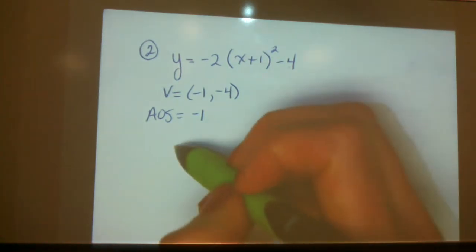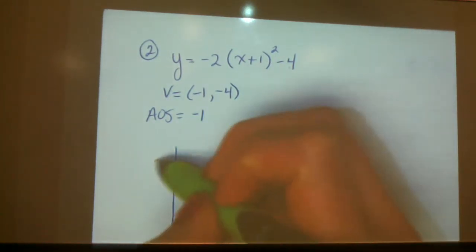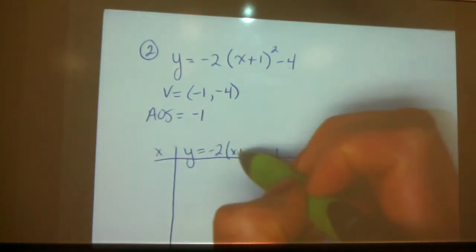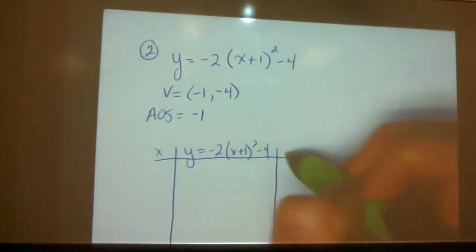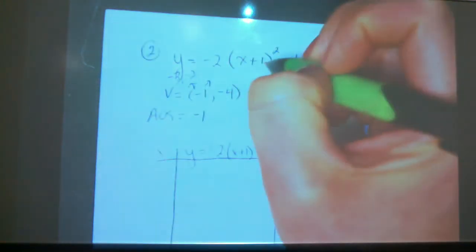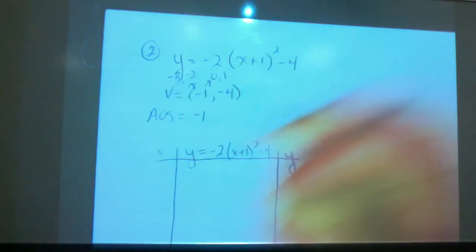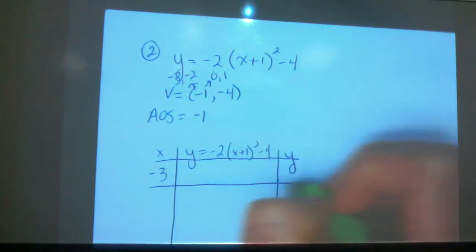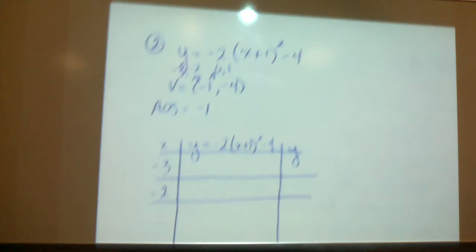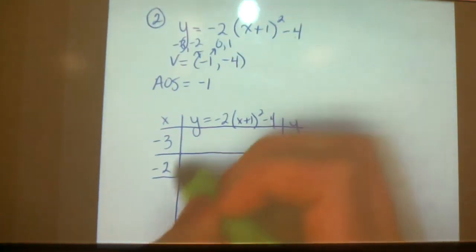Okay, let's set up our table. Now I'm going to go two numbers before -1, which is -3, -2, and two numbers after -1, 0, 1. So those are the numbers that are going to go in my table: -3, -2, 0, and 1.